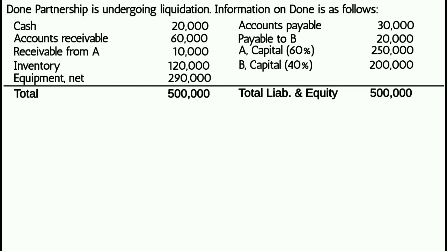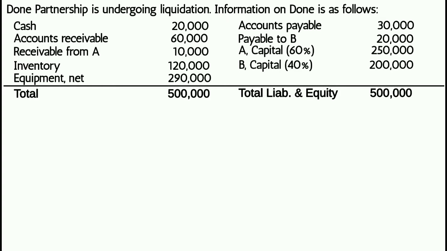Cash, 20,000 pesos. Accounts receivable, 60,000 pesos. Receivable from A, 10,000 pesos. Inventory, 120,000 pesos. And equipment, net of accumulated depreciation, 290,000 pesos. For total assets of 500,000 pesos.